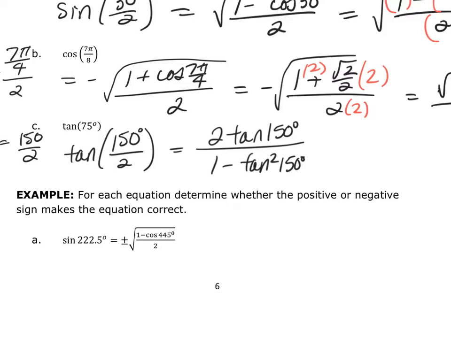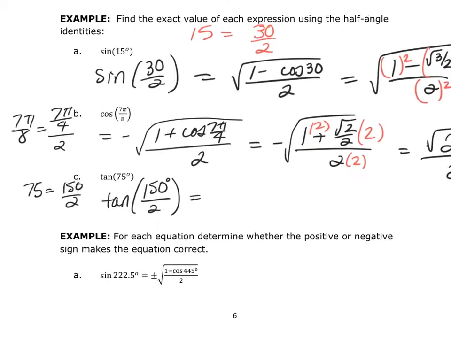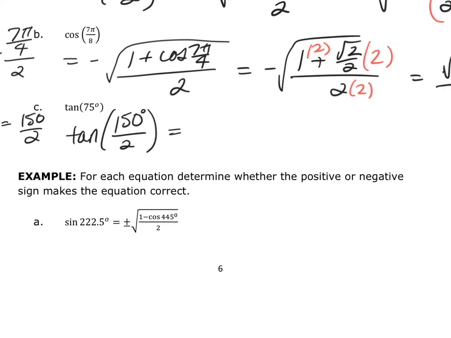Oh, no, sorry. That is the wrong one. This is going to equal, and come up here, cosine, 75 degrees. Where does 75 degrees land? Which quadrant? Quadrant 1. So I'm going to take the positive of it.